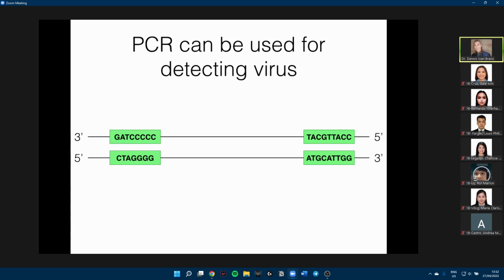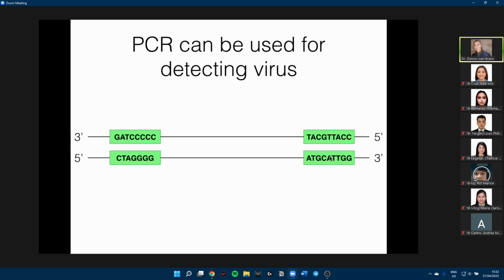We can also use PCR to detect organisms like virus. So this is the basis for the PCR that we use now for detecting COVID, but that is RT-PCR, but the principle is the same. So say this is the genomic DNA of a virus, and you have realized that this is the sequence that would be a good target for amplification because it is unique in the virus.